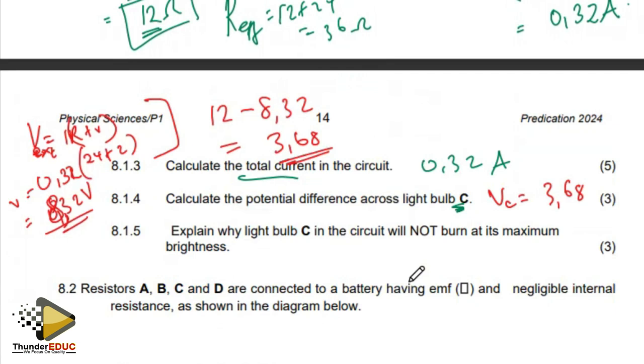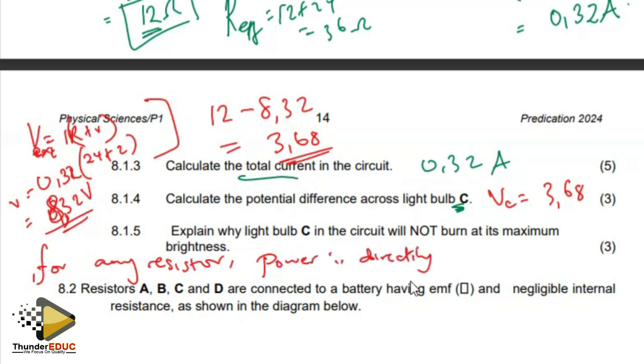So how do we put that into consideration or into explanation? We can say that for any resistor, the power is always directly proportional to I squared.